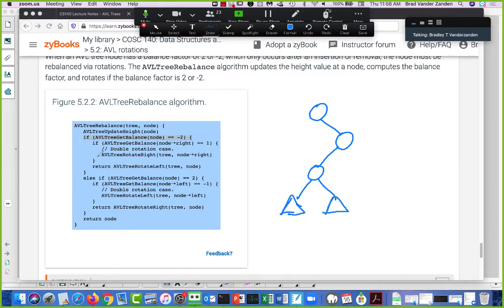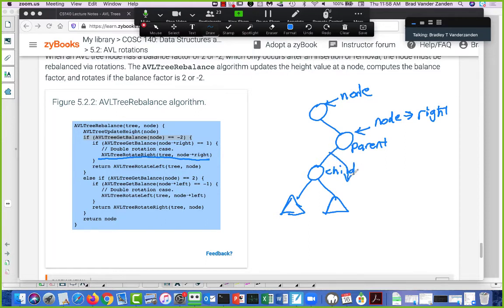So when we call AVLTree rotate on node right, this is node, and this is node right. When we call AVLTree rotate right here, this is the parent, and this is the node that we're going to be rotating about.